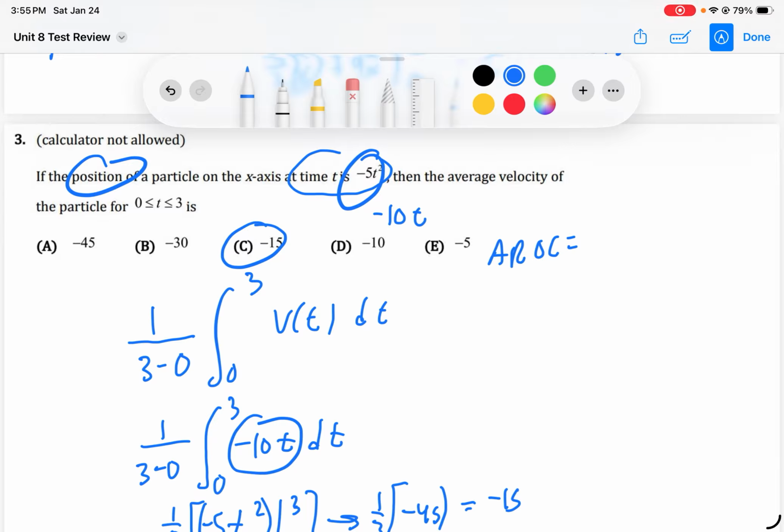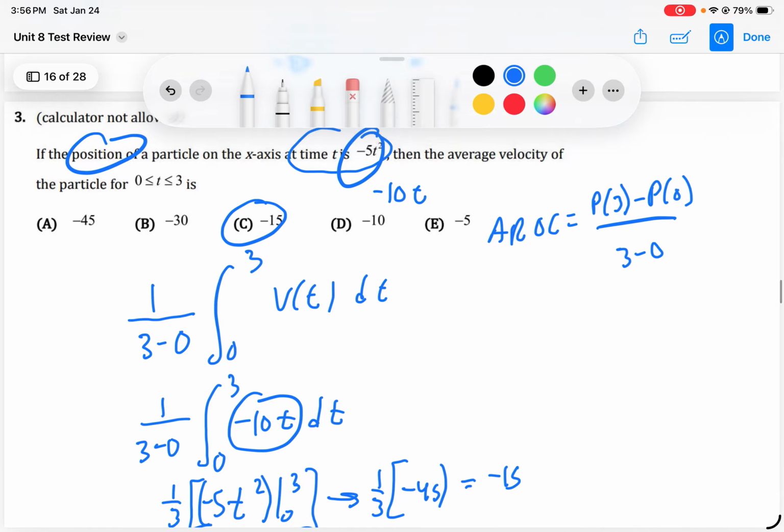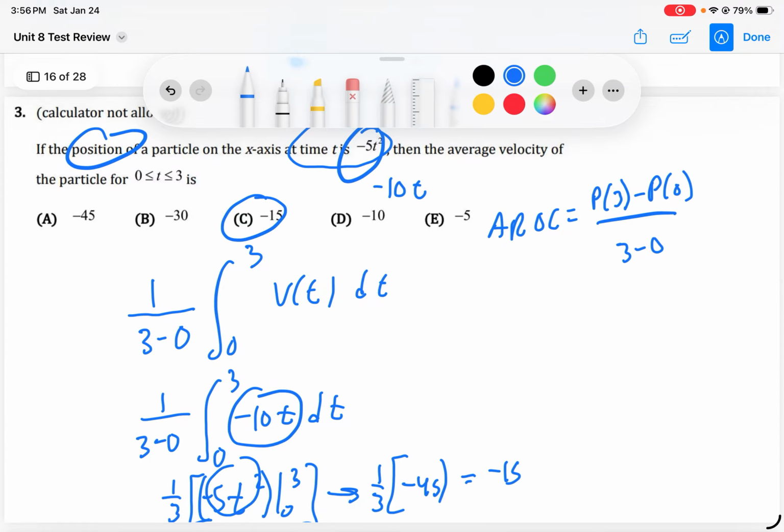Average rate of change, average velocity, is equal to the average rate of change of position: position at 3 minus position at 0, over 3 minus 0. Oh my goodness, that's cool. So this was position at 3 minus position at 0 divided by 3.